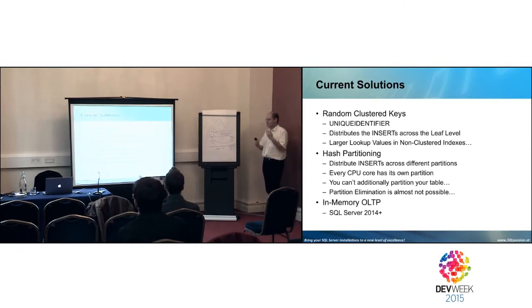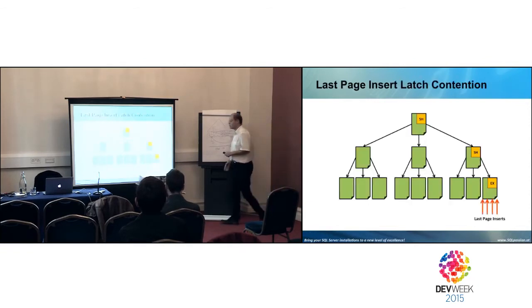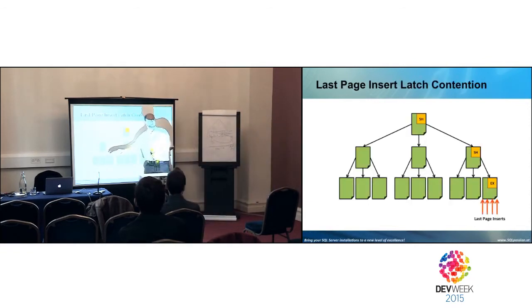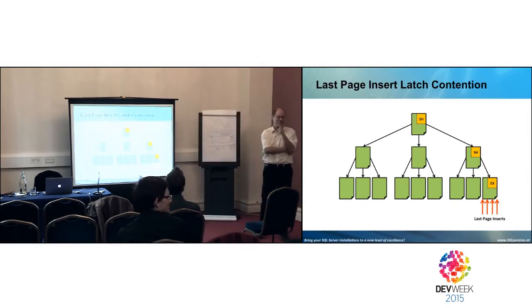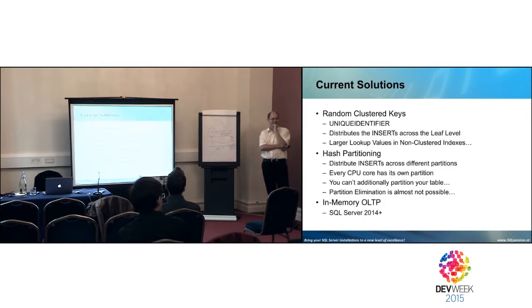We have, again, multiple ways to deal with that specific problem. The easiest way is to spread your inserts across the whole leaf level of the clustered index. How can we do that? We use a random clustered key value like a unique identifier. Just think about that.